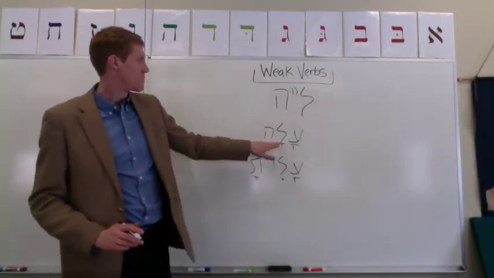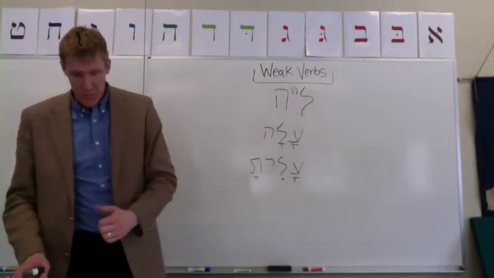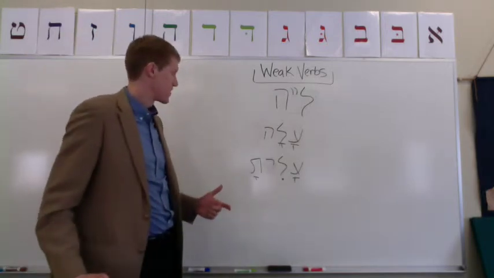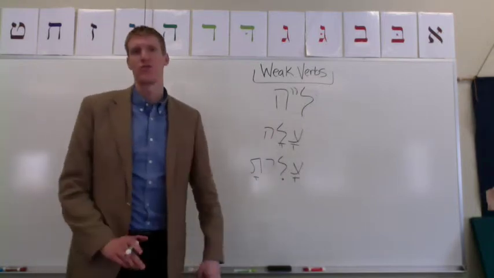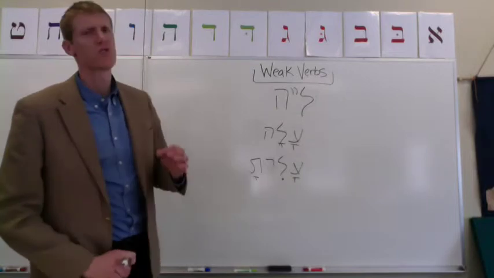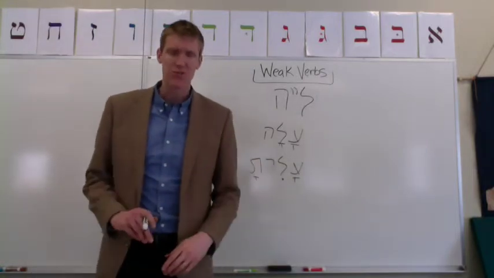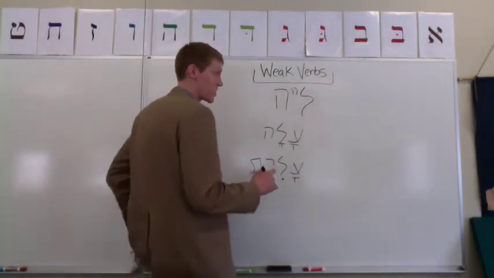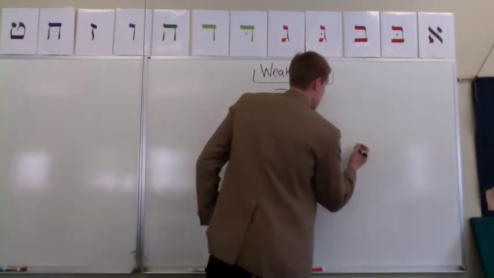Okay, so for lamid hey, in the second person forms and the first person forms, this is affix now, that hey is turned into a hirik yod. In most stems. In one stem, I think it turns into a tsere yod, but generally it turns into a hirik yod.